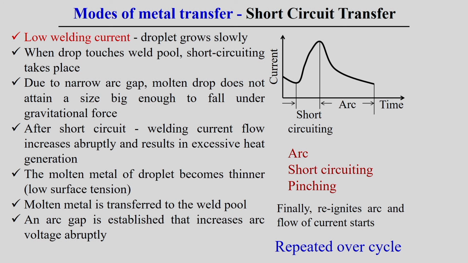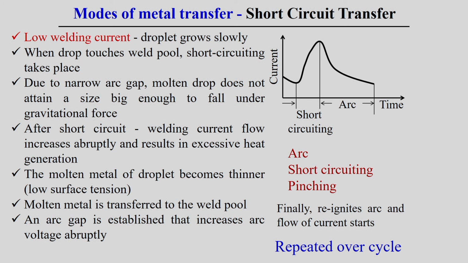When excessive heat generation is there, it tries to create more molten droplet, and because of the high passage of current, it extremely lowers the surface tension force, or we can say the drop holding forces. Low surface tension force promotes the detachment of the droplet from the electrode. Once the detachment happens, the droplet transfers to the workpiece material, and there is a creation of a gap, some value of the arc gap.